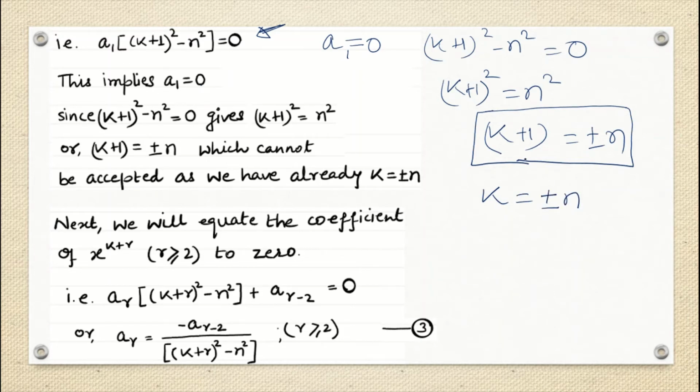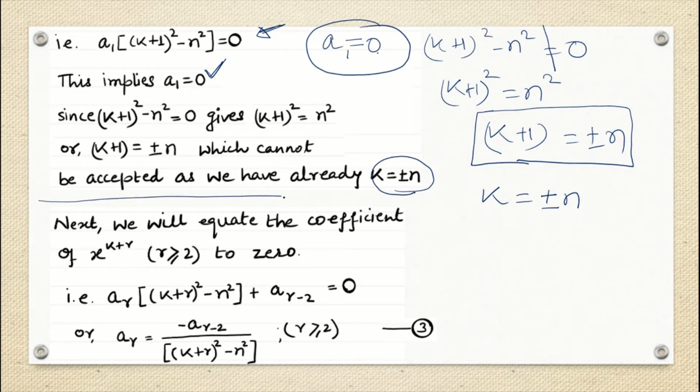So we cannot say that k plus 1 is plus minus n. So in that case, we will reject this equality, and we will say that hence my a1 is 0. Because if I'm equating the same thing, we cannot accept, because we have already assumed that k is plus minus n. So we got what my a1 is.